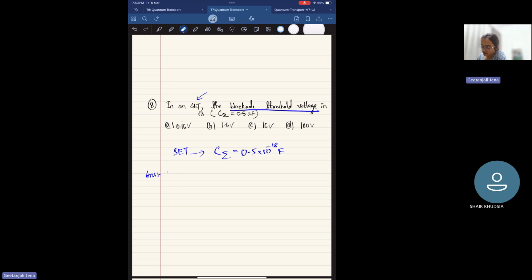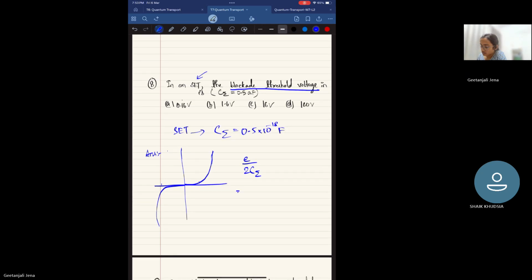If you recall the graph, the minimum voltage required is e by 2C. e is 1.6 into 10 to the minus 19, 2 times 0.5 into 10 to the minus 18.